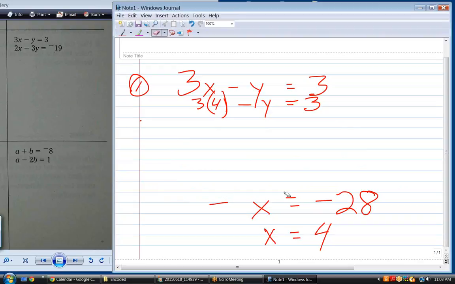What is it? What's our next step? Because it's not 100% obvious on how to do this. There's a couple of ways to do it. You could move the 12. In other words, here's what we have.